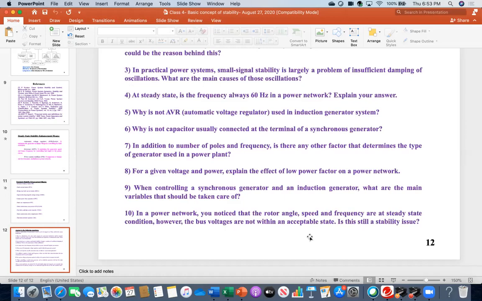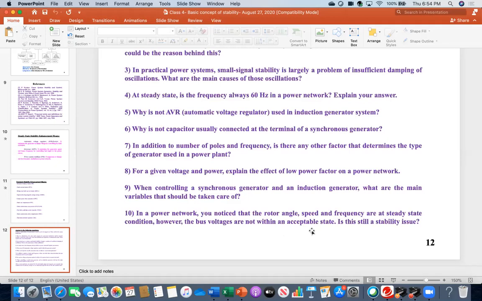So do you understand? Yes, definitely. So everybody please note, write down the answers. The answer is yes. This is still a stability issue because bus voltages have not reached an acceptable state.